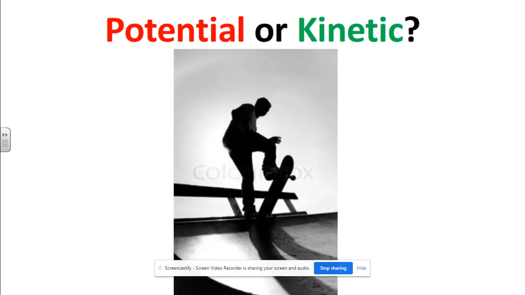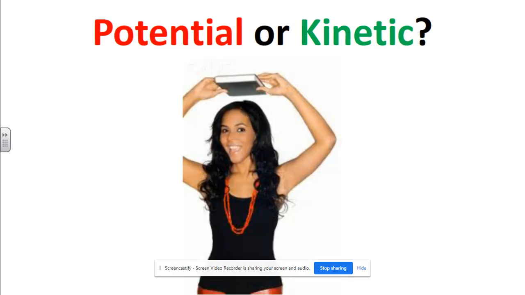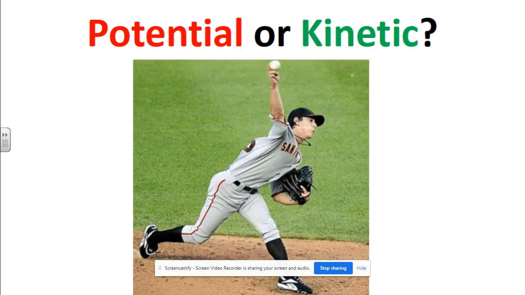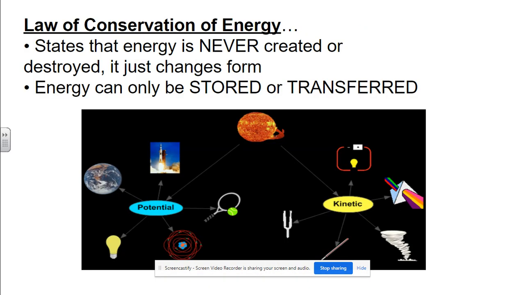A skateboarder who's standing at the top of a half pipe waiting to do his tricks has potential energy. Somebody standing with a book above their head has potential energy. A major league pitcher delivering a pitch, kinetic energy.